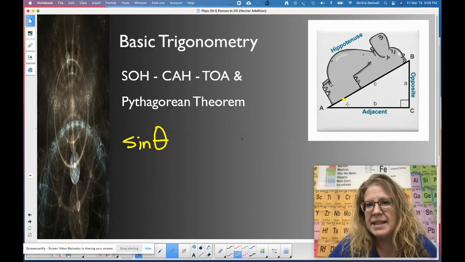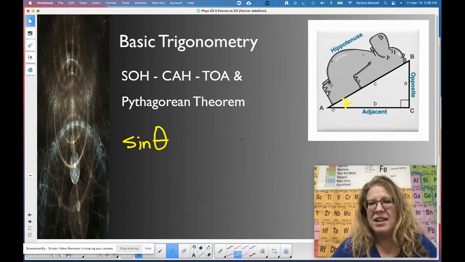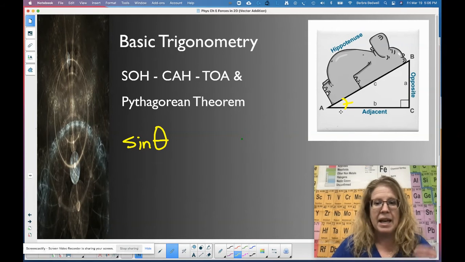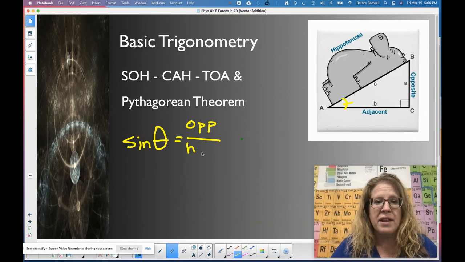If I say this is my angle here, that's my angle. If I take the sine of this angle, whatever it is, and enter it into a calculator, there is a basic geometric relationship to it, which says that the length of the opposite leg divided by the length of the hypotenuse is equal to the sine of that angle.